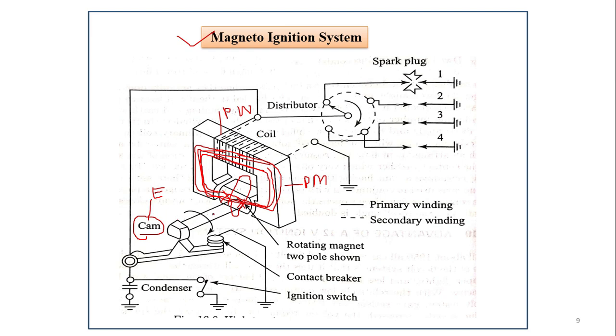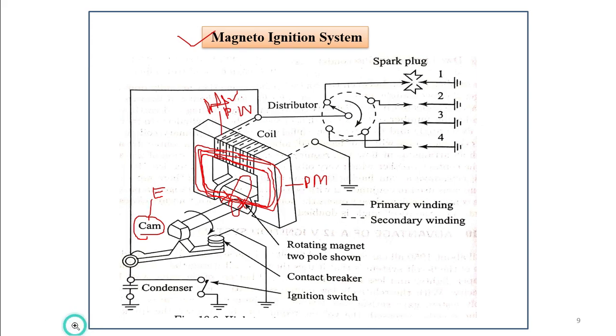As the speed increases, the frequency of breaking these flux lines will increase, and due to that a very high voltage will be developed. So this is the major difference between the battery ignition system and the magneto ignition system. I just repeat.